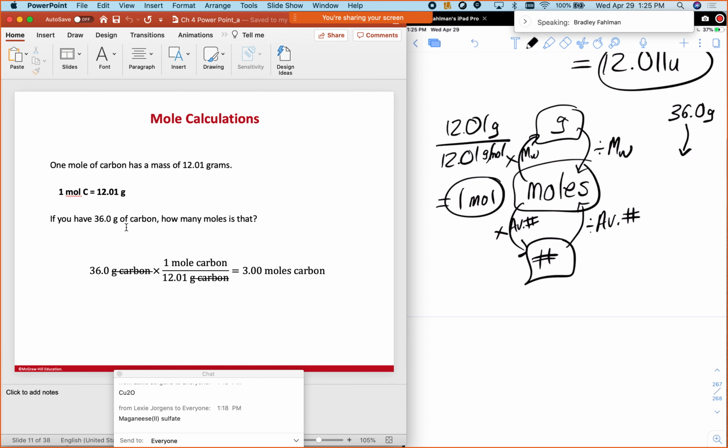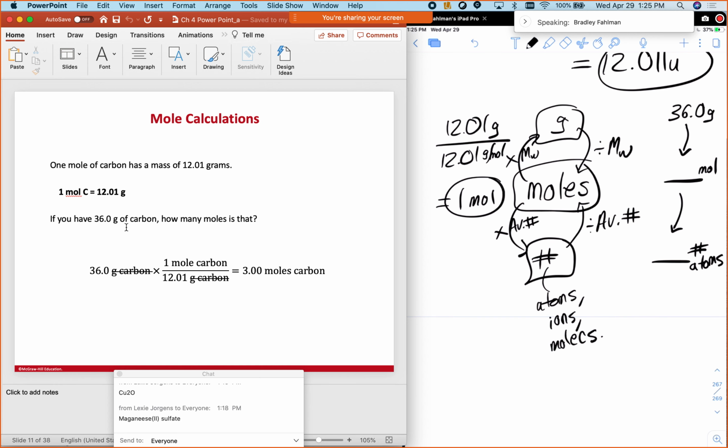We first go through moles, and then from moles we get the number of atoms in this case. Remember, this could be atoms, ions, or molecules, the 3 big ones. It just depends how the question's worded.